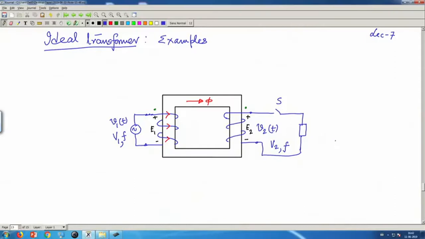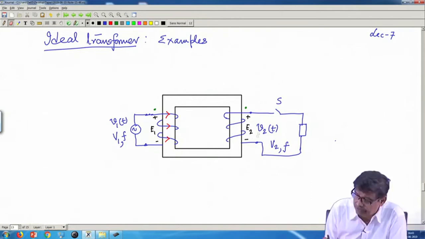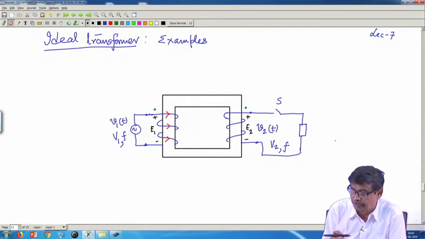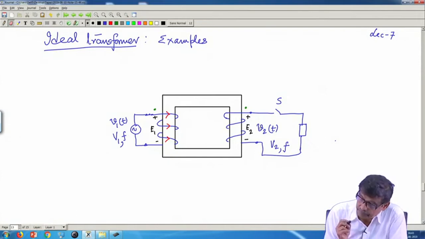For example, consider this. First I will draw this, which is necessary to explain what is happening. Suppose you have this transformer with two coils, as I have considered so far.